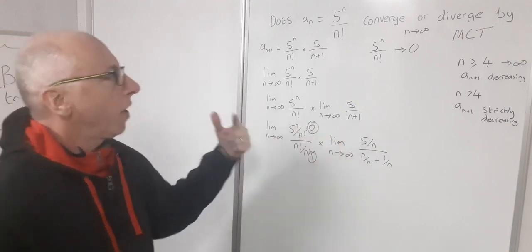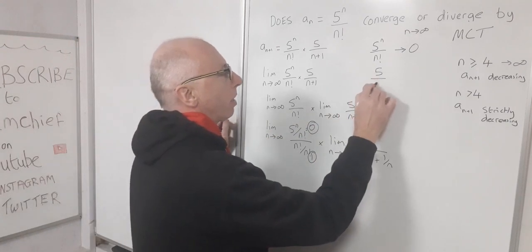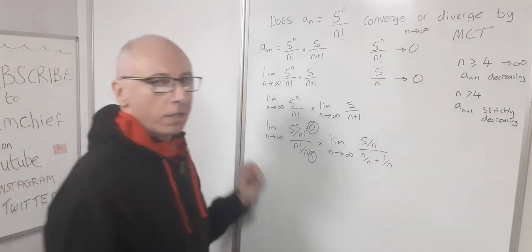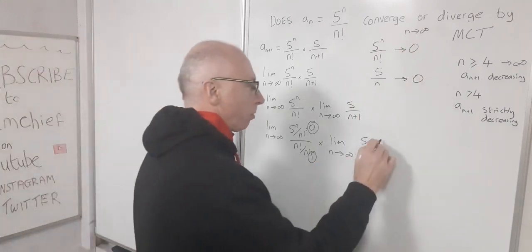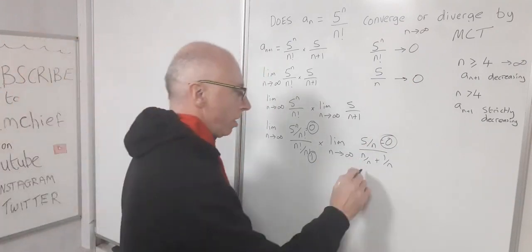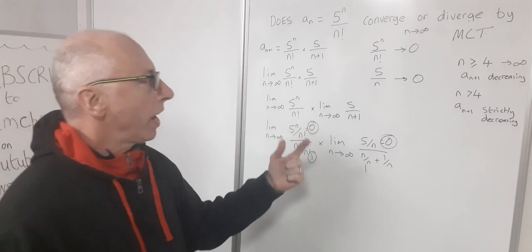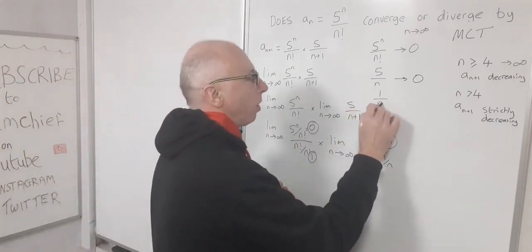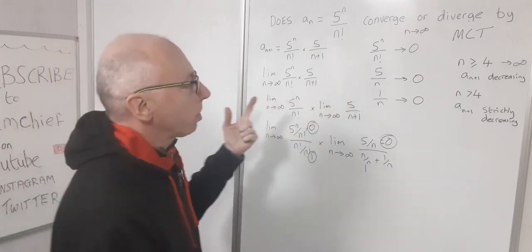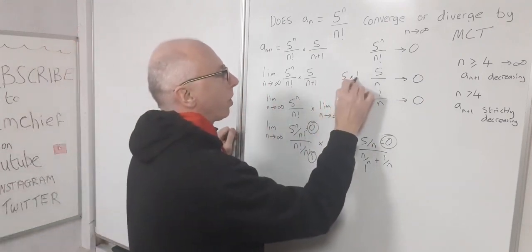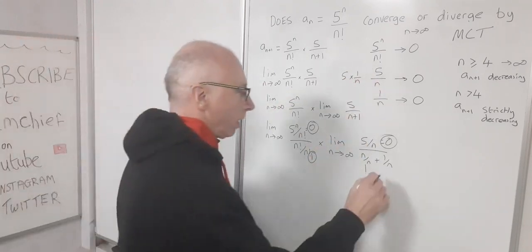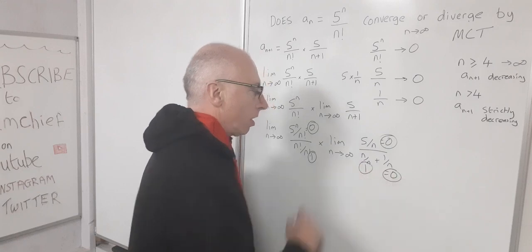What about the other limit? As n approaches infinity, the powerful term in this is just n. So I've got 5 over n divided by n over n plus 1 over n. So 5 over n, as n approaches infinity, is going to approach 0. n over n will just become 1. And 1 over n also approaches 0 as n approaches infinity. So this one here is 0.